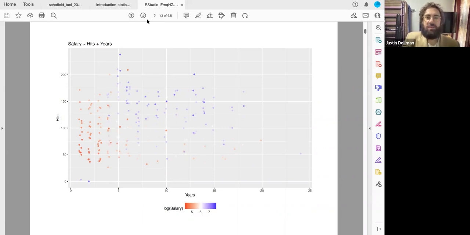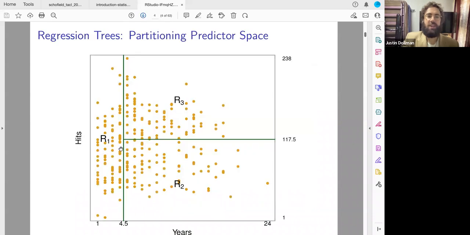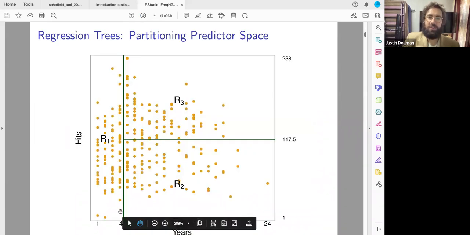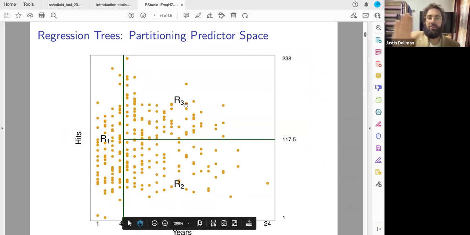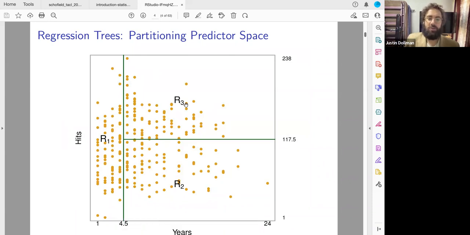So the very first thing a decision tree will do is draw this vertical line going up from 4.5, and partition those guys and say, all right, these guys are not making much. You can imagine a prior time before there's region 2 and region 3, everything to the right of 4.5, every observation for which years was greater than or equal to 4.5, would have been in region 2. And so that would be a two-region prediction model.